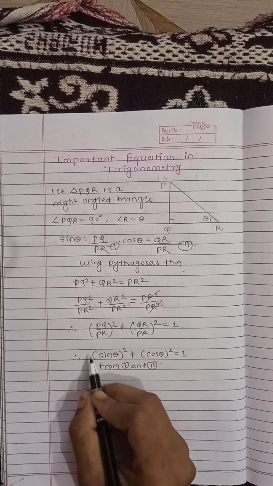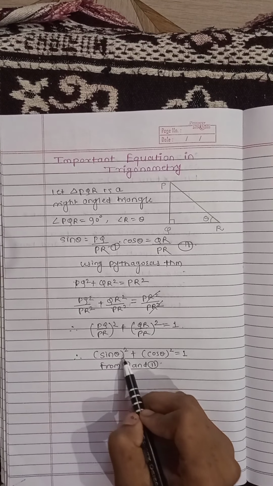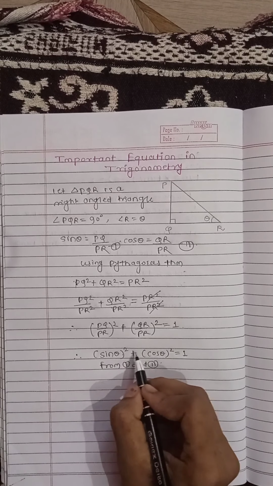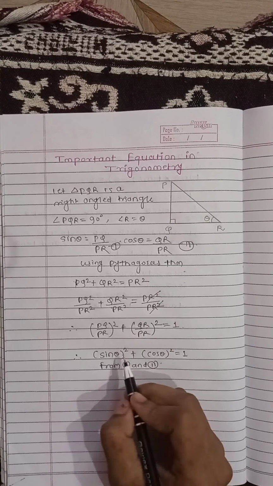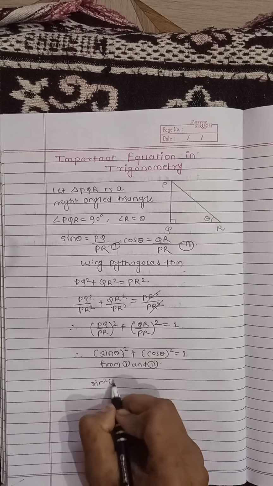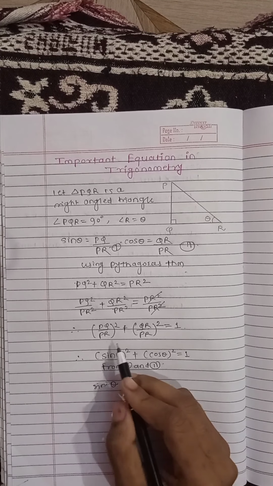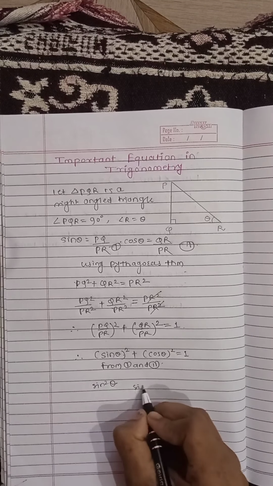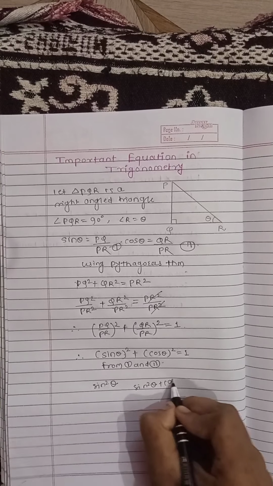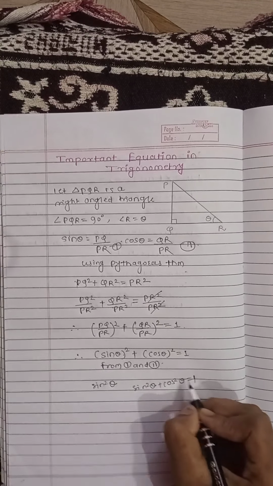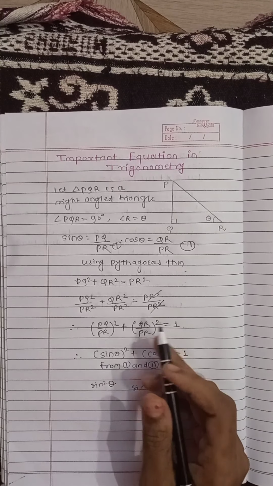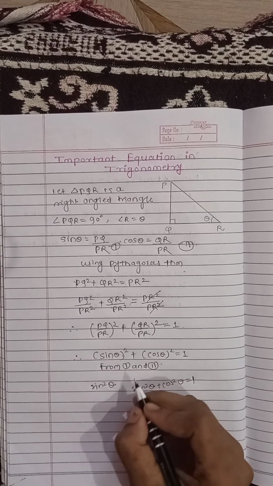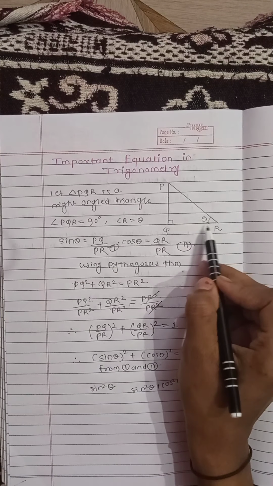The square of sin theta is written as sin square theta. We have proved sin square theta plus cos square theta is equal to 1 using the Pythagoras theorem, where theta is an acute angle of the right angle triangle.